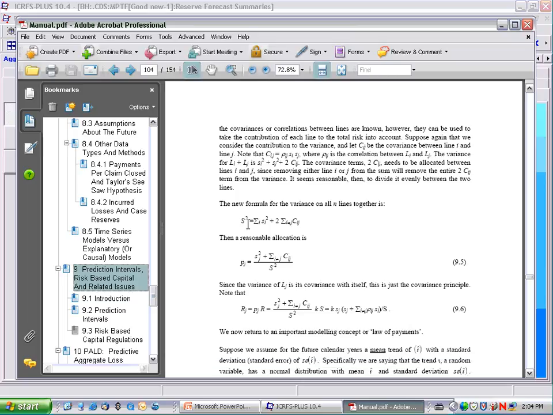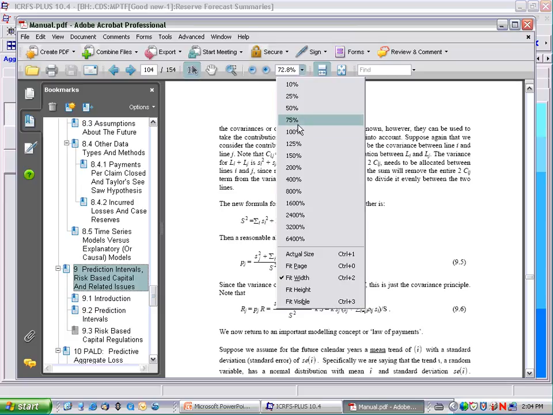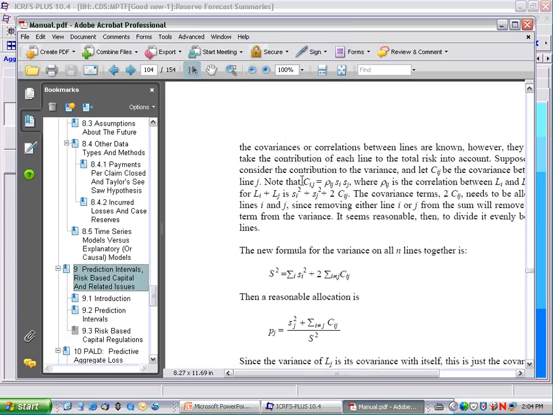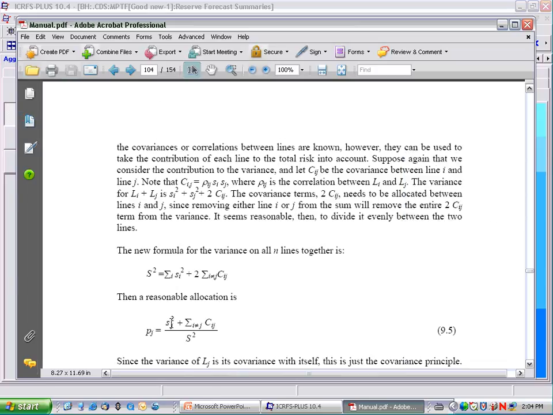S squared is the variance of the sum of all the lines. So the proportion of risk capital you assign to a particular line, why don't we make this a bit bigger? The proportion of risk capital you assign to a particular line is its variance plus the sum of its covariances with the other lines of business divided by the variance of the total.